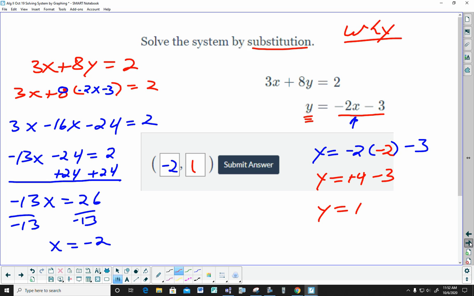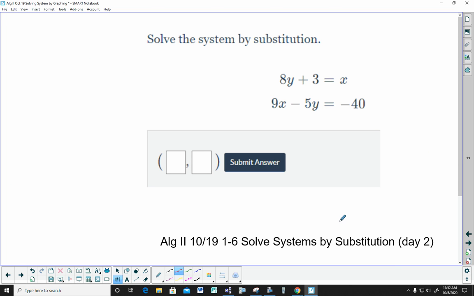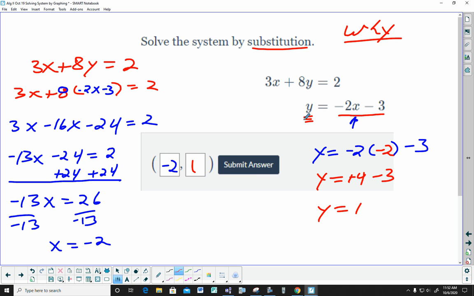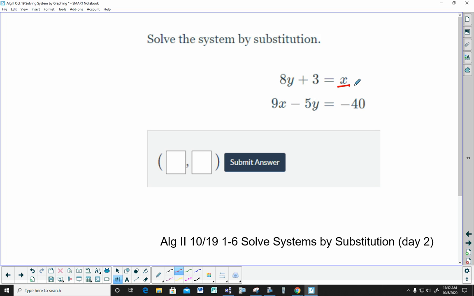To see that again, and notice on this one, they solved one of the equations for y, and you replace the y. On this one, they're solving one of the equations for x, so I'm going to replace this x with what it's worth. 9 times whatever x is worth, minus 5y is equal to negative 40, and I'm going to replace it with what it's worth.